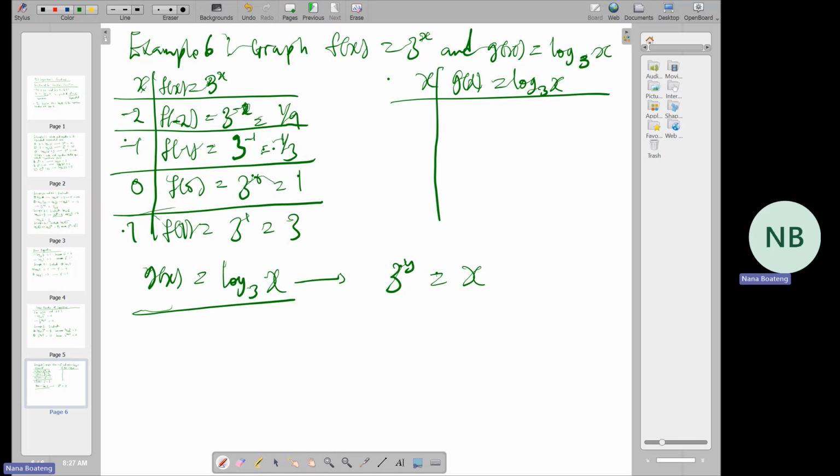So raising 3 to an exponent, which is the y values for f of x, will become the x values for g of x.